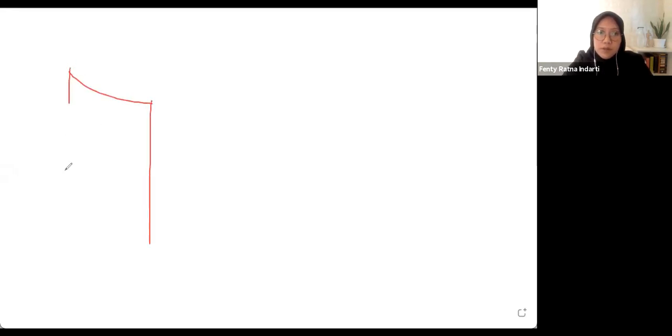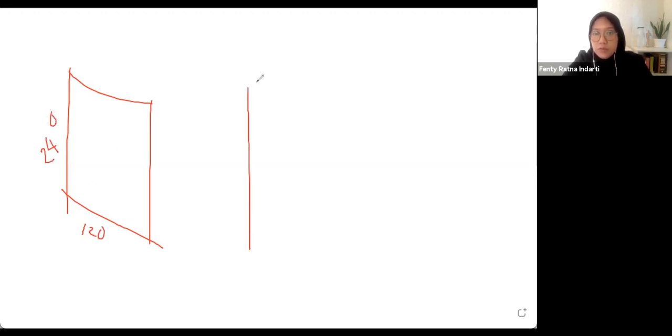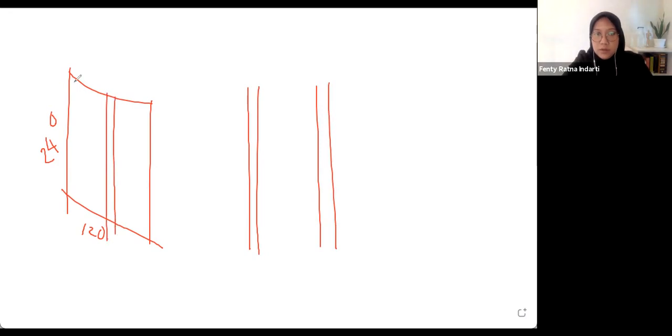For example, the available board is 120 by 240, like this. For example, this one is the board. And then when you create the stud, you divide it, for example, into two, like this. The guideline is based on the material that you use for the covering, so the stud will adjust to that.